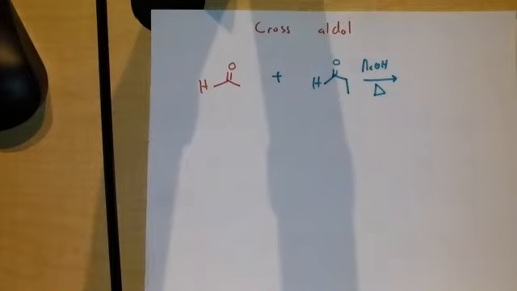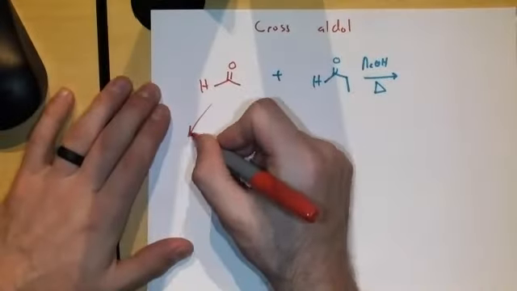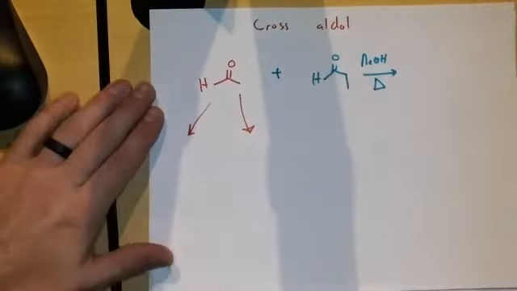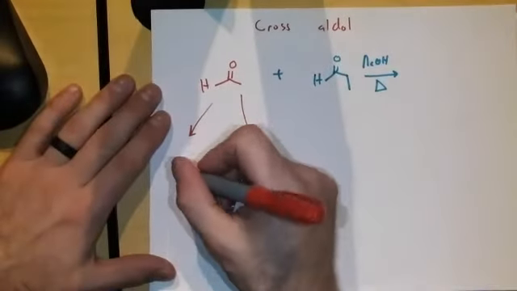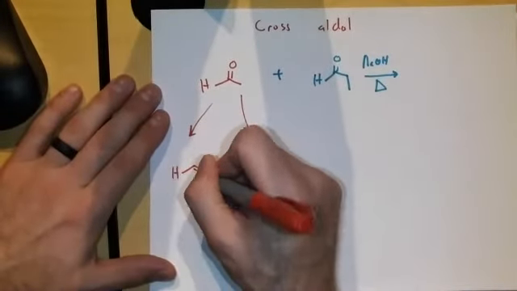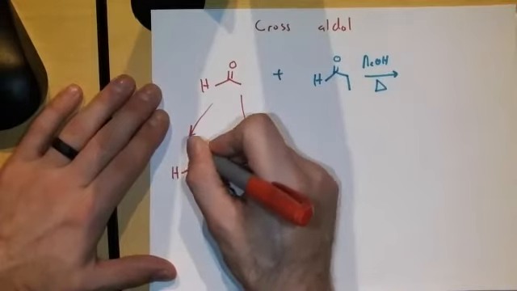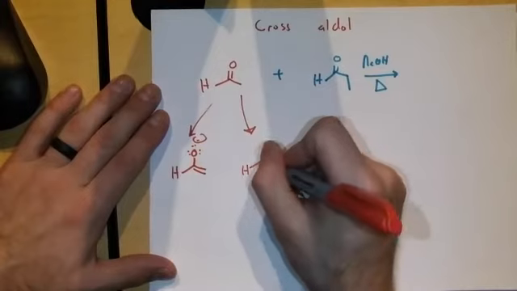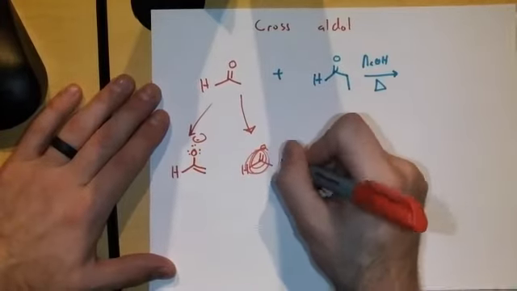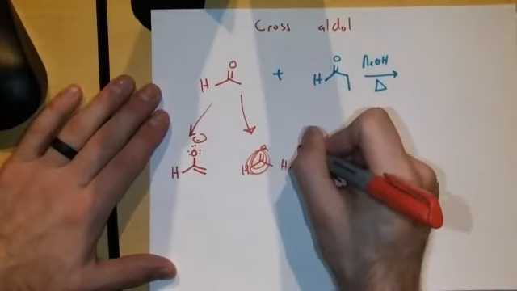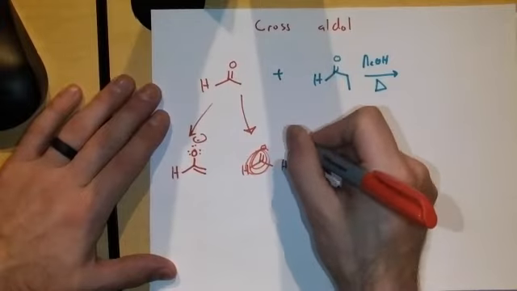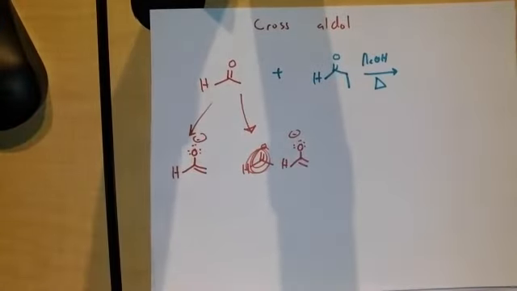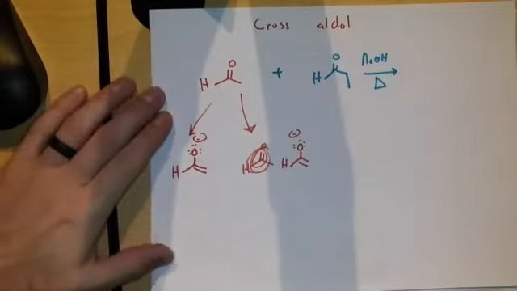So what'll happen first is I'm going to throw in NaOH. And I get the same enolate for both of these. So I'll make an enolate which looks like this. Same thing over here.